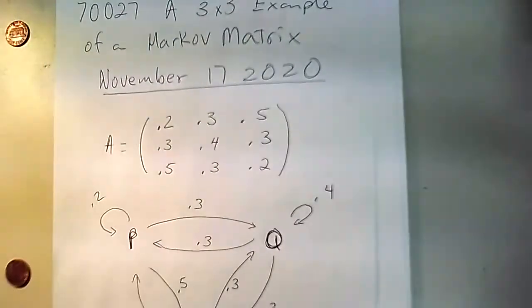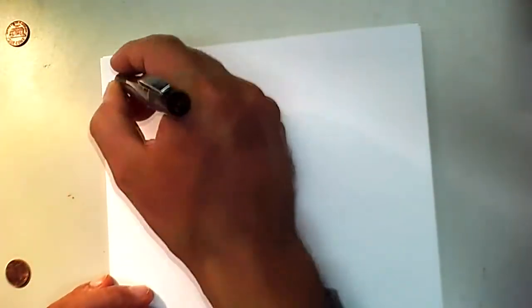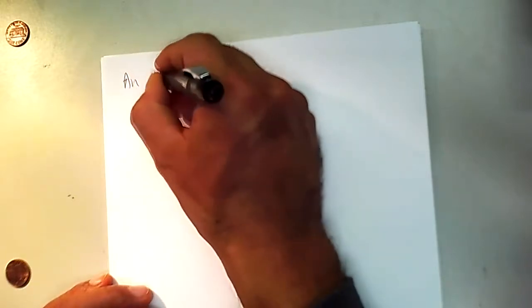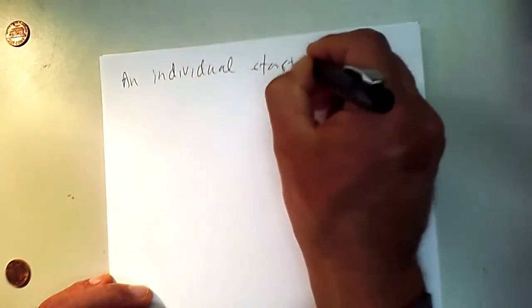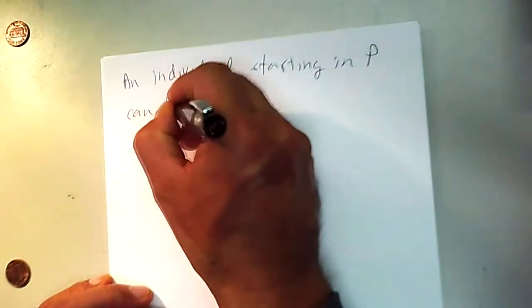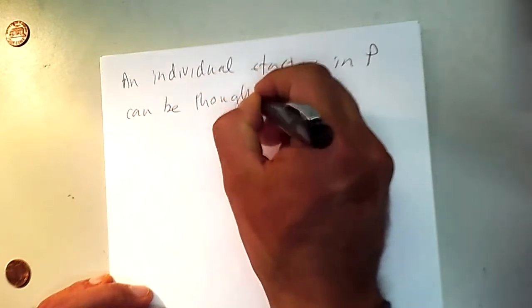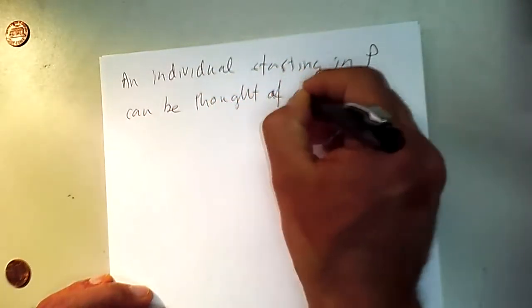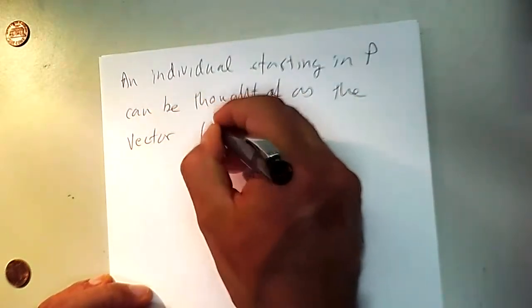So an individual starting in P can be thought of as the vector 1, 0, 0.